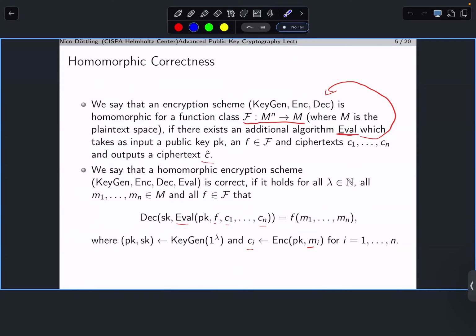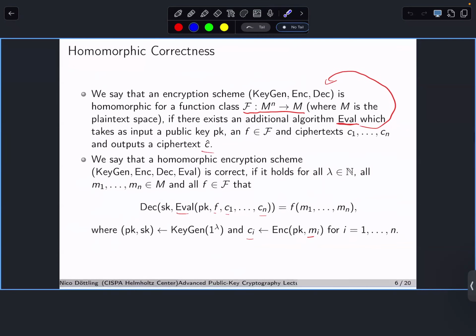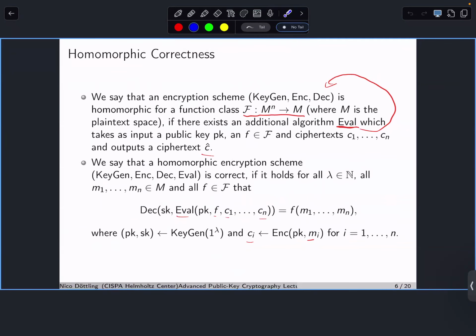The general notion of homomorphic encryption, which we introduce here, just specifies some class of functions. This is the parameter that specifies a homomorphic encryption scheme. We have some class of functions, and we can homomorphically evaluate this class of functions on vectors of ciphertexts, right?